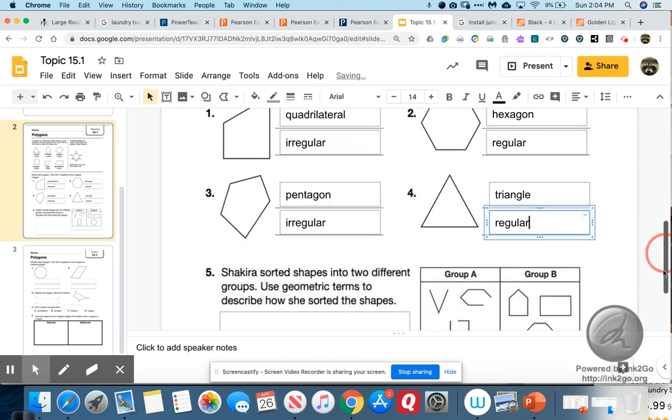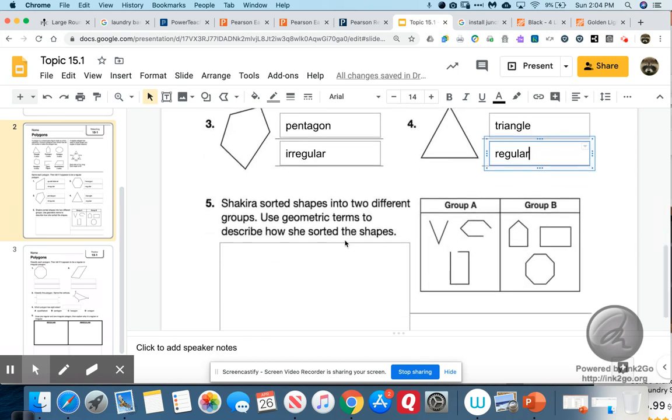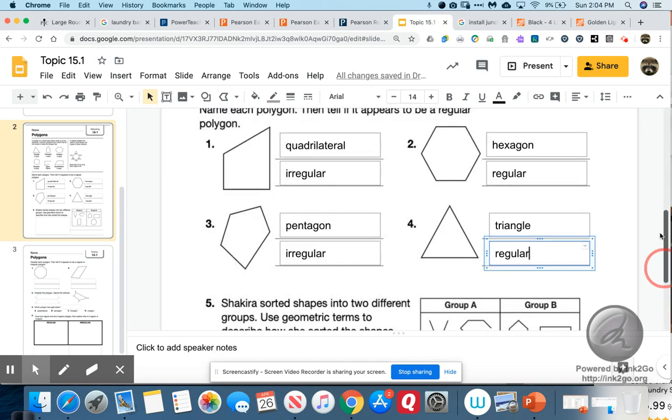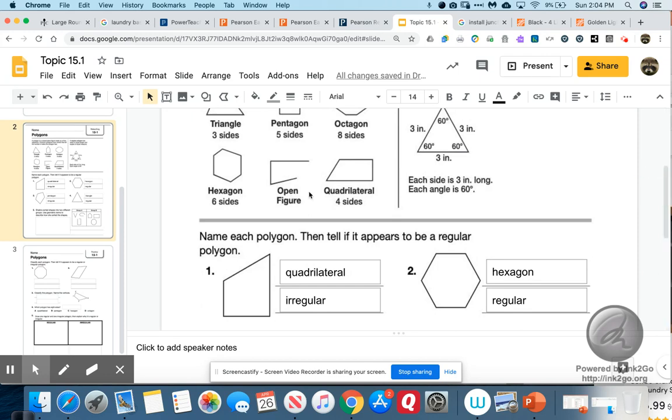Okay, so now coming down to this last one. It says Shakira sorted shapes into 2 different groups. Use geometric terms to describe how she sorted the shapes. Well, what do we notice about all the shapes here? They all have a missing little spot. If they have a missing part, what do we call that? An open figure.